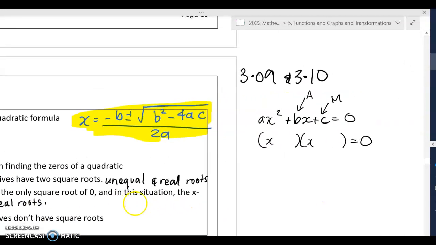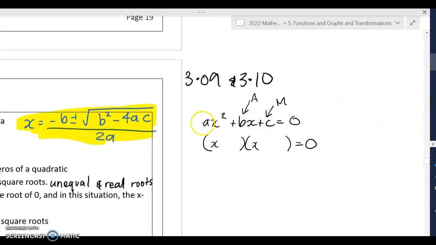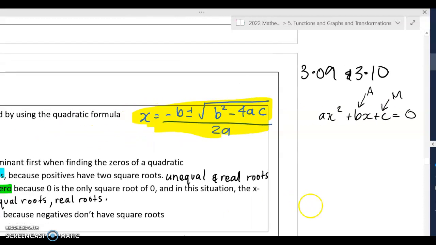Now let's remember what b squared minus 4ac is. Let's go back over to the quadratic equation that I wrote down over here, ax squared plus bx plus c. Remember, that's our general form of a quadratic equation. Let's see if you can remember what a, b and c stand for. a is always the number out the front of the x squared. b represents the number out the front of x, and c is always the constant term that has no x part involved with it.